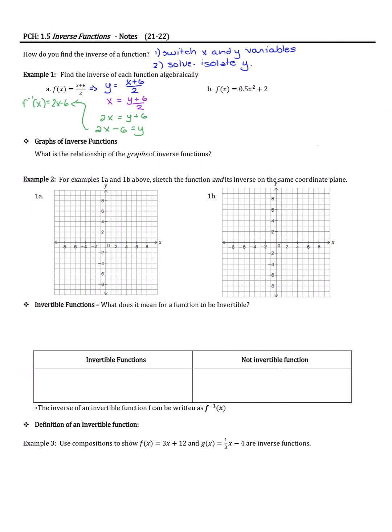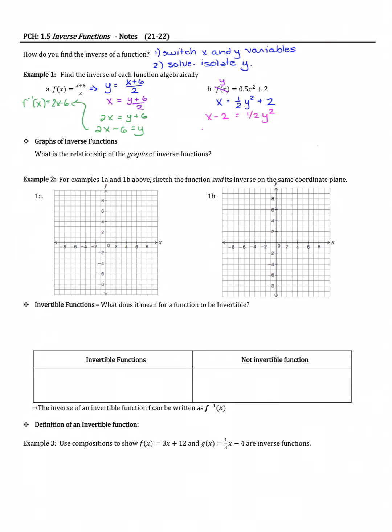But let's do one more. We are again going to take a little shortcut and call that y. The first step is to switch our x and our y, so this becomes x equals 1/2 y squared plus 2. Again our goal is to isolate y, so I'm going to have x minus 2, following order of operations, equals 1/2 y squared.